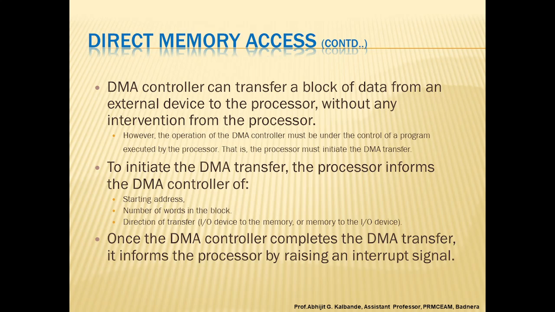When the controller has completed transferring a block of data and is ready to receive another command, it sets the done flag to 1, and bit 13 is the interrupt enable flag. When this is set to 1, the flag causes the controller to raise an interrupt after it has completed transferring a block of data. Finally, the controller sets the IRQ bit to 1 when it has requested an interrupt.